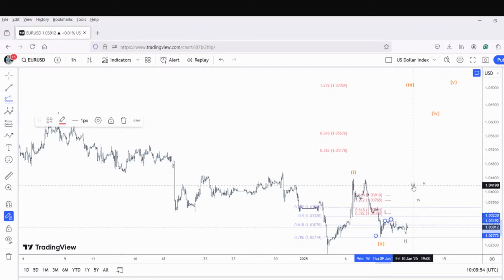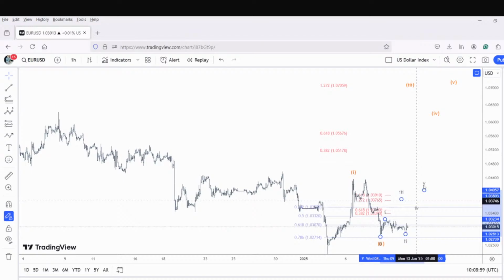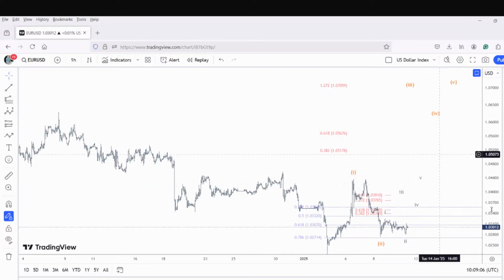Those are the immediate targets for the sub-minute, maybe 3, and then slight decline with, and then 5. All right. So this is how we are still poised.